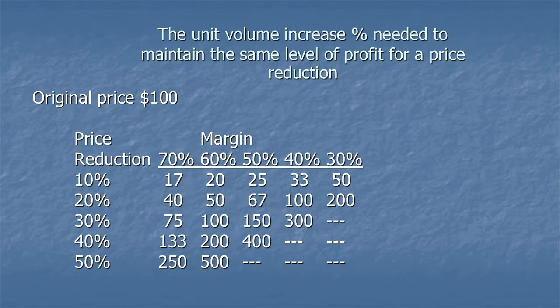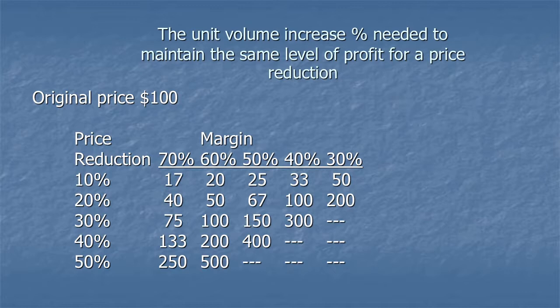To give you a little feel for that, what I've done here is developed a little chart for you. The chart shows the price reduction in the left-hand column and the margins across the top. And inside the table is the unit volume increase percentage needed to maintain the same level of profit for a price reduction. So let's say, for instance, that I had a 30% price reduction on something that had a 70% margin.